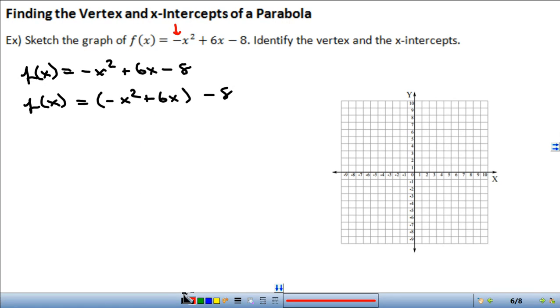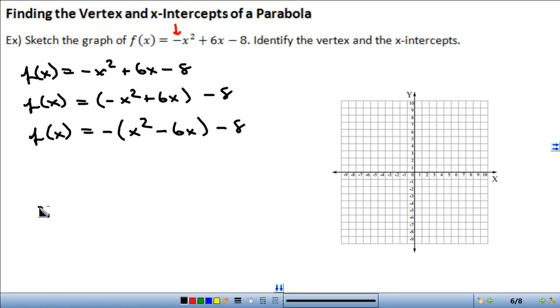Now, when I pull out the negative, the signs of everything on the inside change. So f of x is equal to negative, in this case, x squared minus 6x, minus 8. So this became a positive term, this became a negative term. And I still have my minus 8 out here.